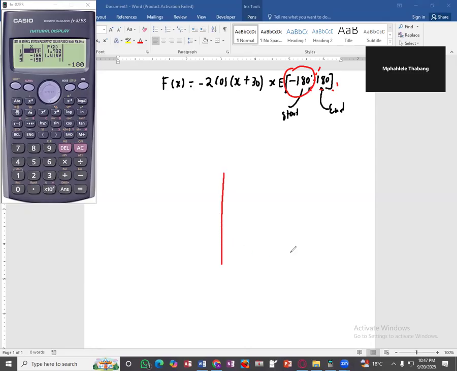My y-axis and my x-axis. Okay, yes. So now here it's 0, because I'm using the step of 15 this time around.